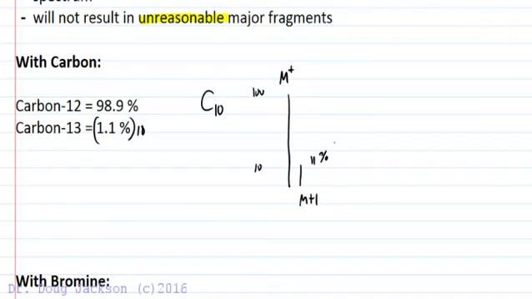We might see an M+1 peak that is 11% the height of our overall molecular ion. And so it won't be the base peak. The molecular ion may not be the base peak, but if we reference the height of the peak here to our molecular ion, it's going to be 11%, or very close to that statistically.